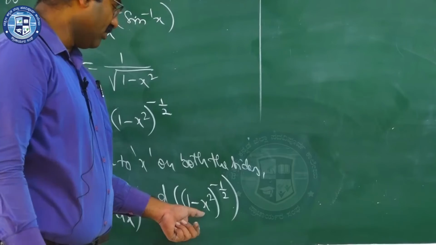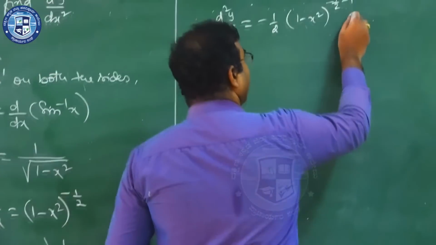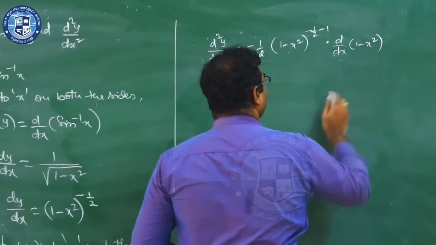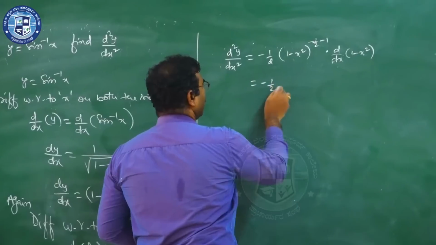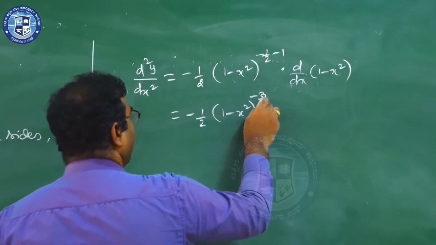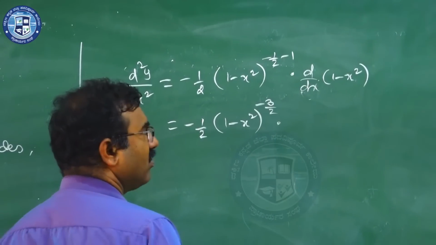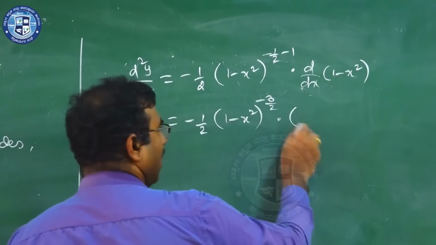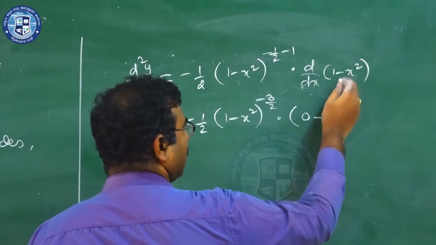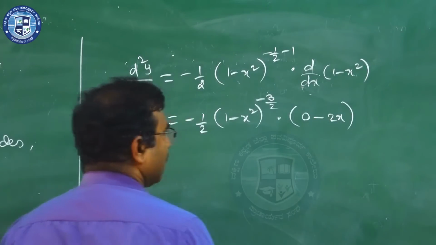consider into d/dx of 1 minus x square. So what you are getting: minus 1 by 2 into (1 minus x square) whole power minus 3 by 2 into differentiation of 1, a constant, is 0, minus differentiation of x square, 2x.